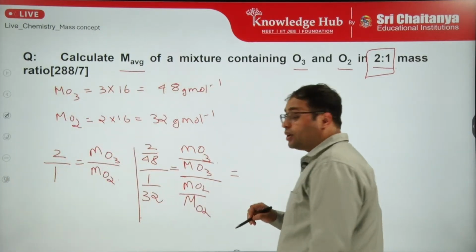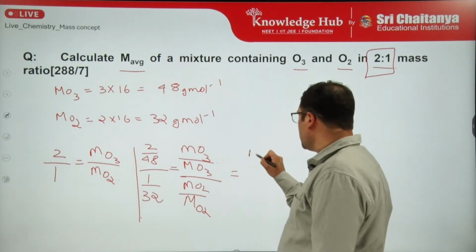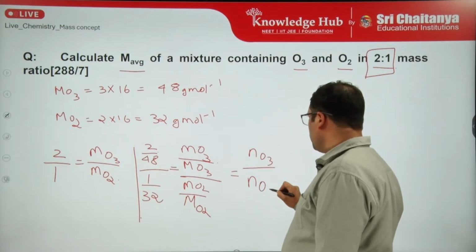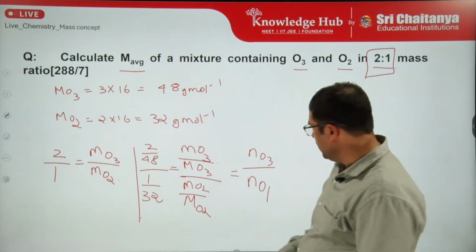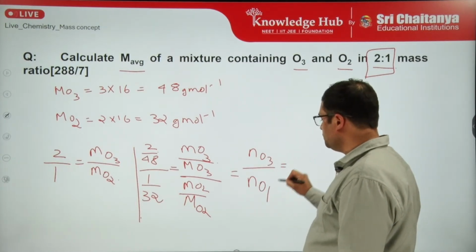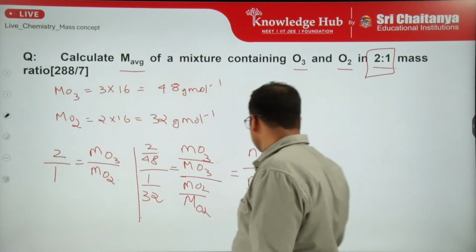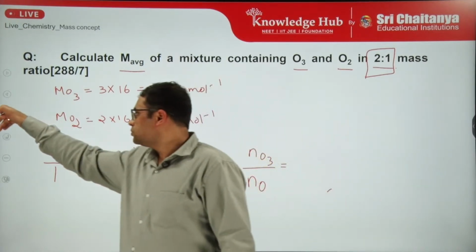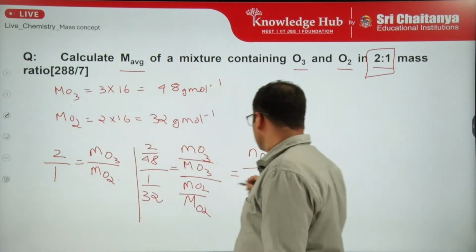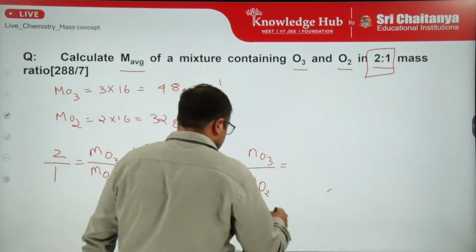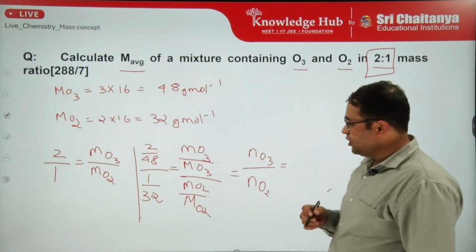You are bound to get moles of O3 by moles of O2, the ratio of their moles. So now let us get that ratio.